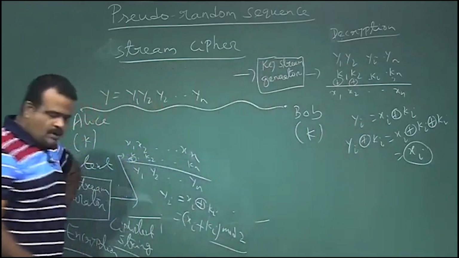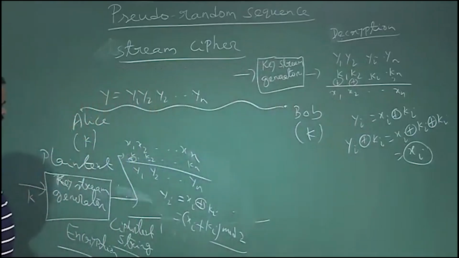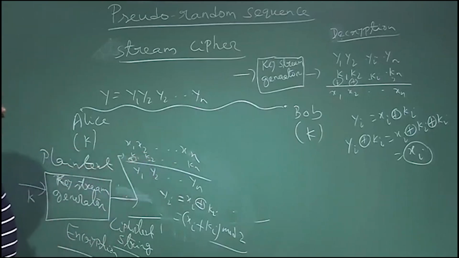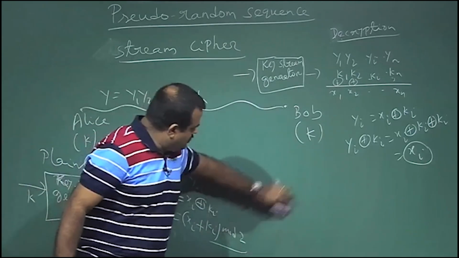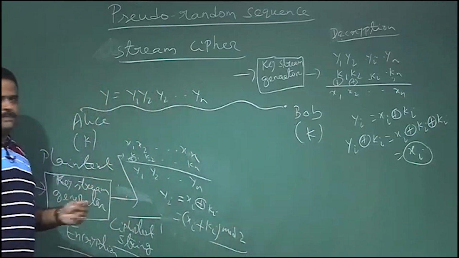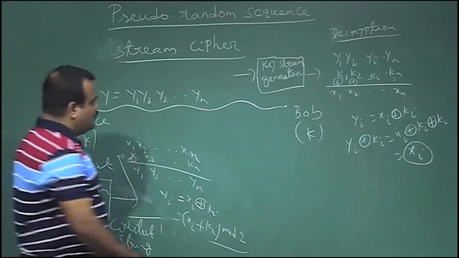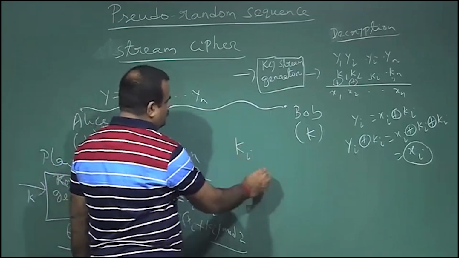Now we have already seen that the security depends on the key stream. This stream cipher will be more secure if ki is a truly random bit.